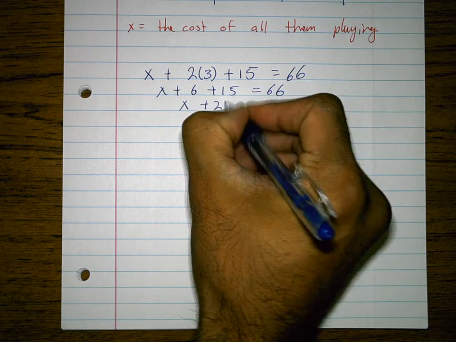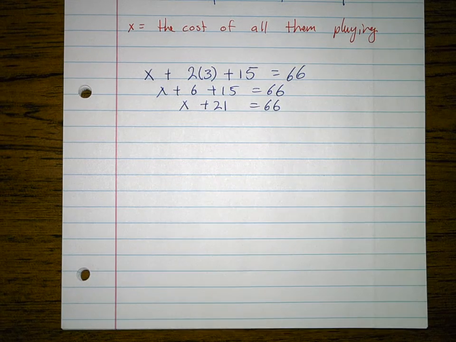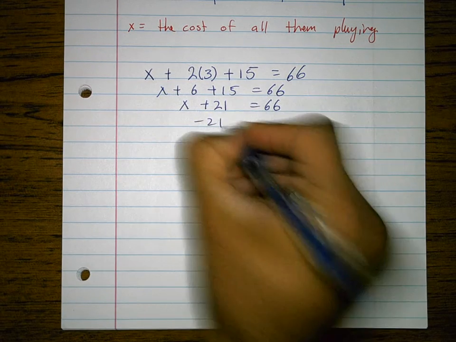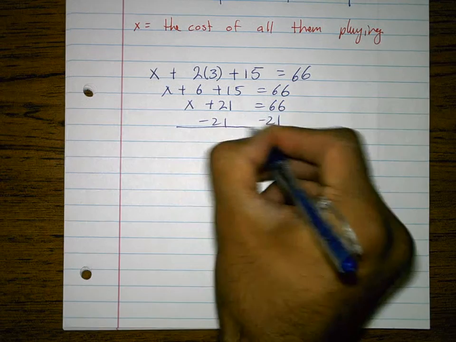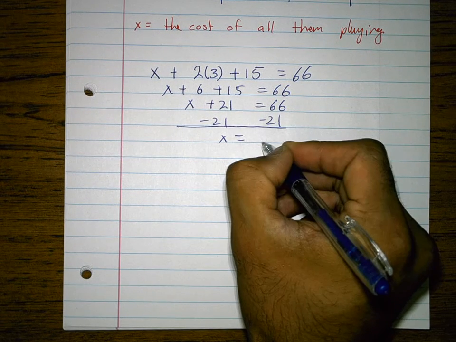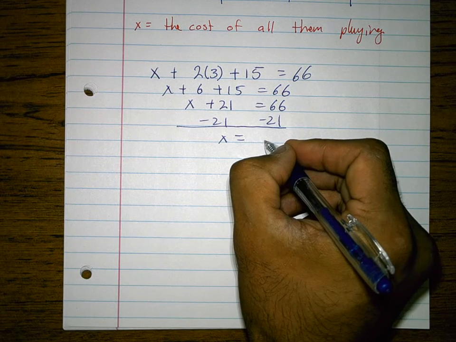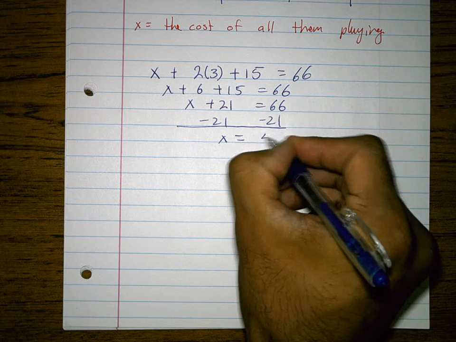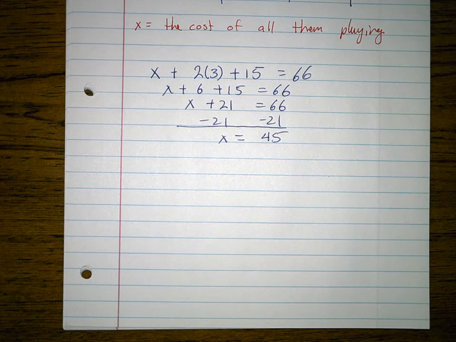X plus 21 equals 66. Now I'll go ahead and subtract 21 from both sides, and X equals 45. So they paid $45 to actually bowl.